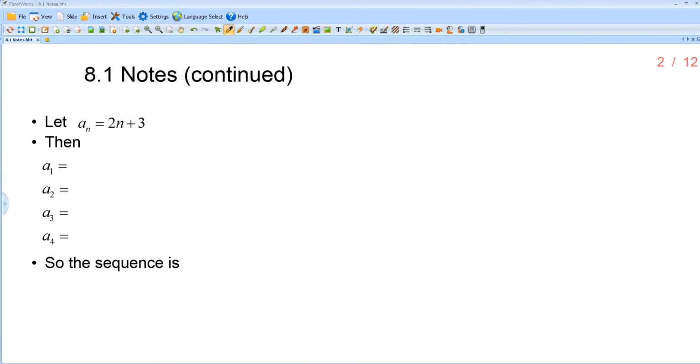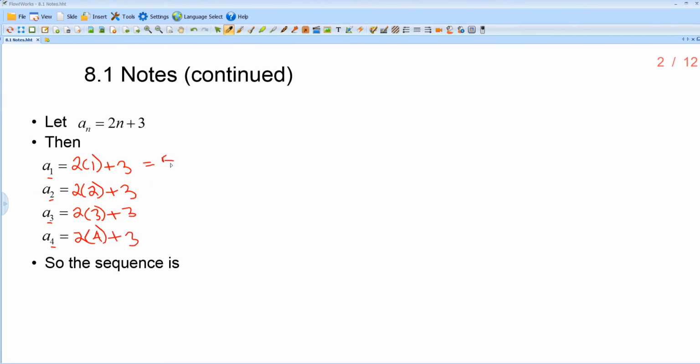Sequences first, then series. So if we have the sequence defined by a sub n being equal to 2 times n plus 3, then when I get all of these a sub 1s, a sub 2s, a sub 3, and a sub 4, what those are telling me is the n values to substitute in to get the sequence. So here I'd have 2 times 1 plus 3, 2 times 2 plus 3, 2 times 3 plus 3, and 2 times 4 plus 3.